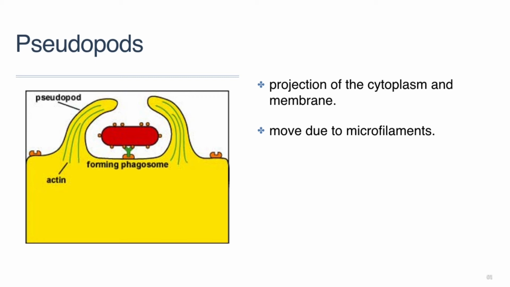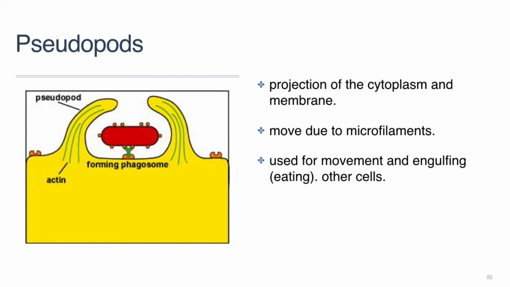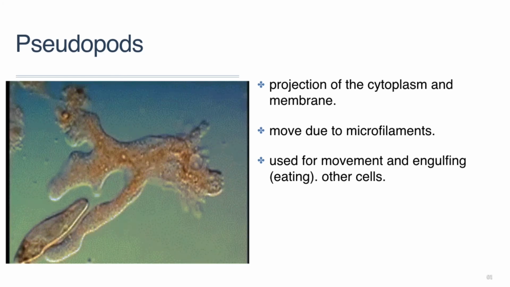They also may contain microtubules or intermediate filaments, but they're believed to be mostly made out of microfilaments. And the word pseudopod basically means false feet. It comes from the Greek words pseudos and podos, meaning false and feet respectively. And as such, they're often used for movement by some cells, and also for feeding or for taking in molecules from the outside of the cell.